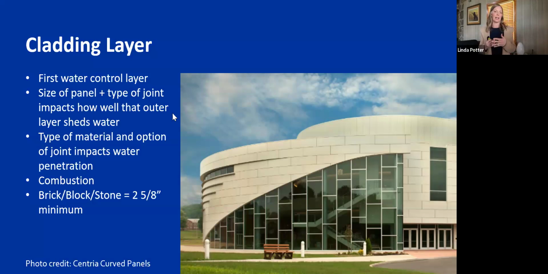When we look at the cladding layer, really what we want to think about is the fact that it's our first water control layer. And the size of panel, the type of joint, size of joint impacts how well that outer layer sheds the water. Now, even if you have open jointed panels, they're shedding a lot of that water just themselves.